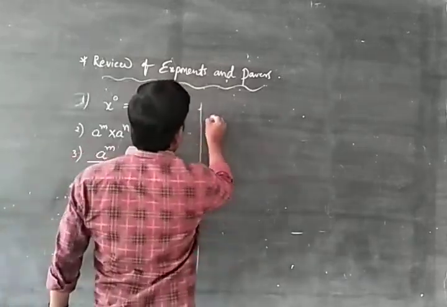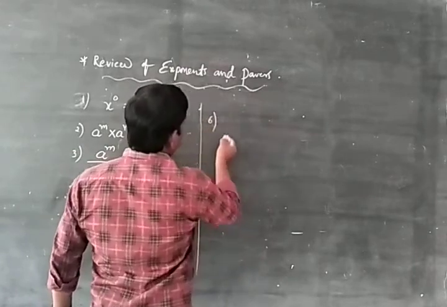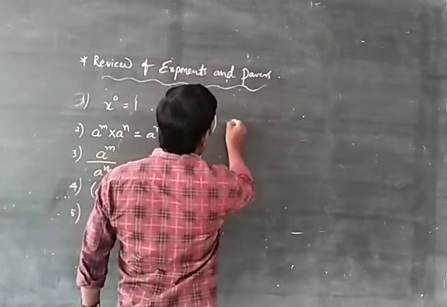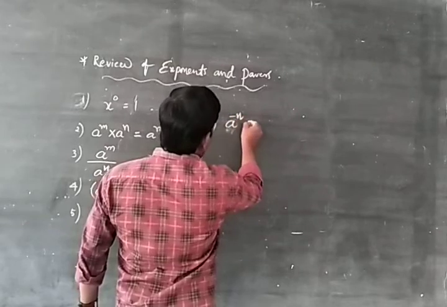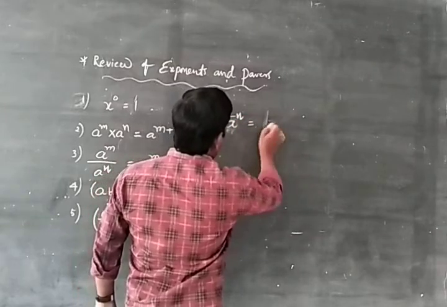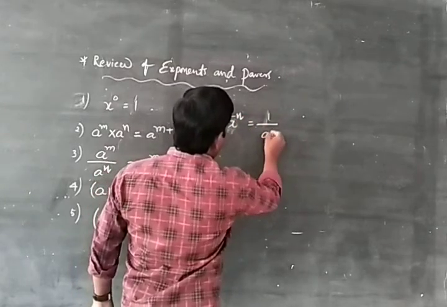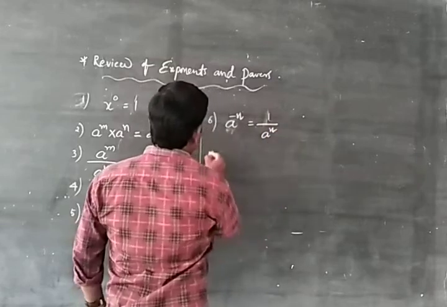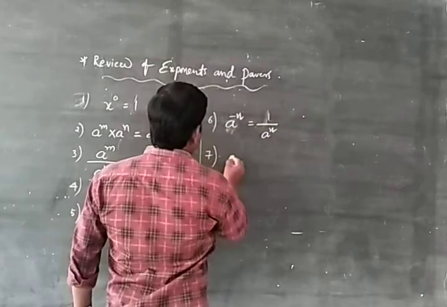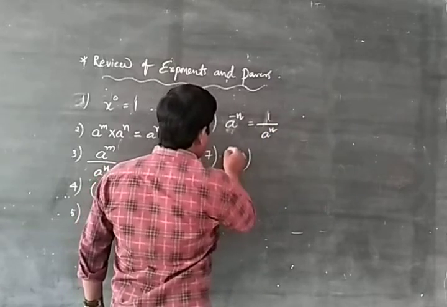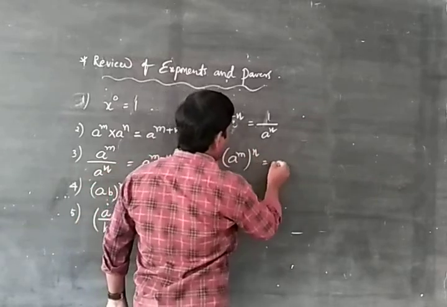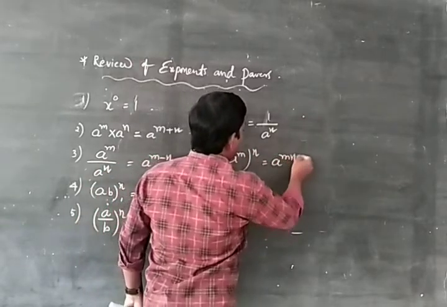And sixth one, a power minus n equal to 1 by a power n. And (a power m) whole power n equal to a power mn.